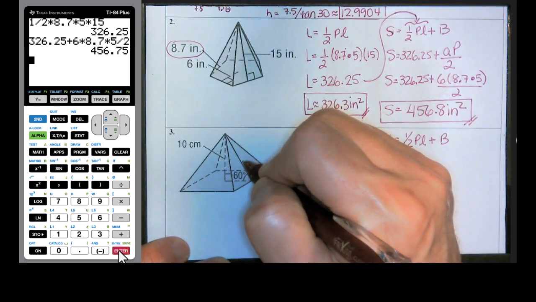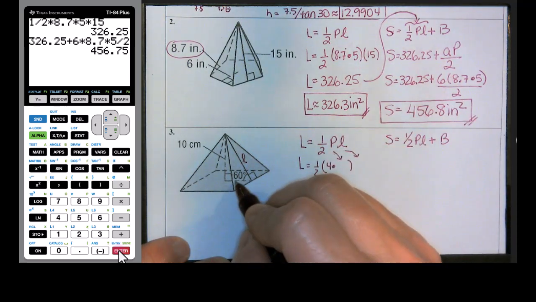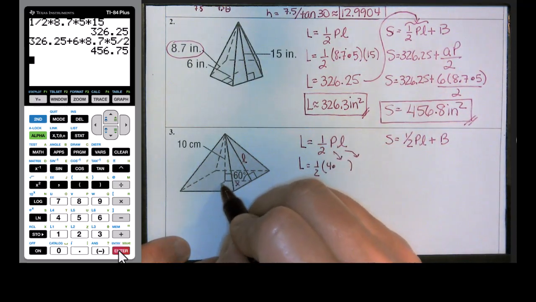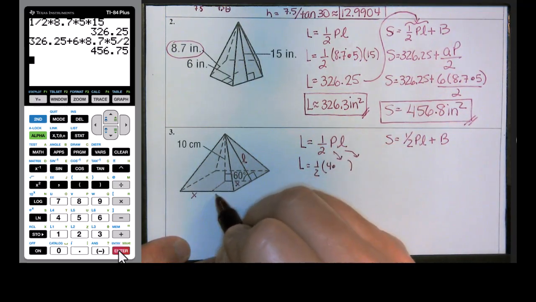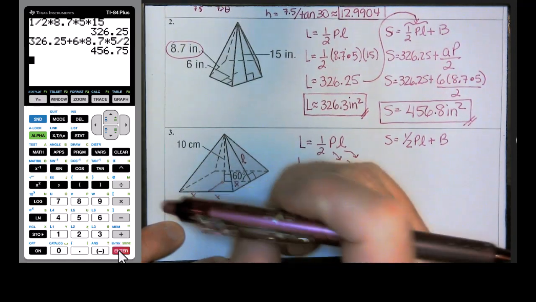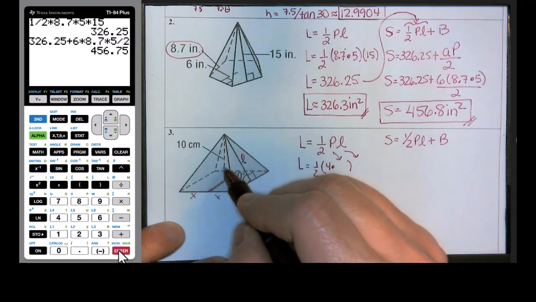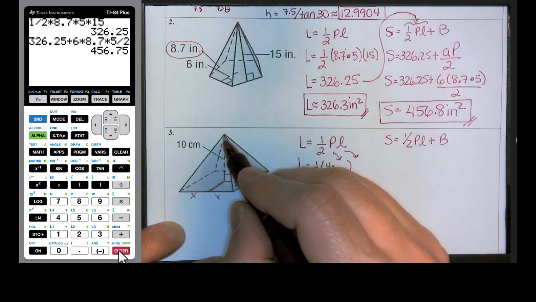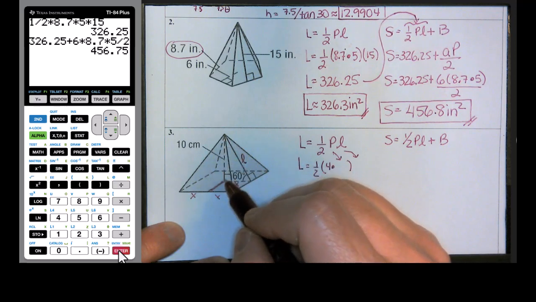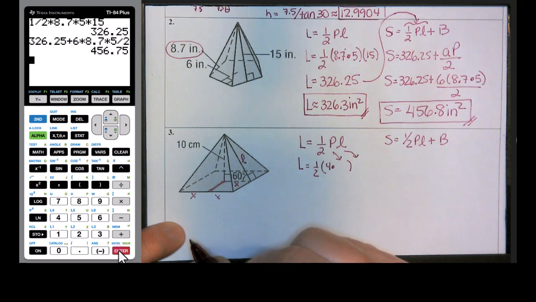So let's call this the slant height right there, L, and this we're going to call X. And notice that this would be X and X. Basically, because it is a regular pyramid, that means this height that goes inside the pyramid goes right in the middle. So therefore, this would be X, and the other side would be X as well.